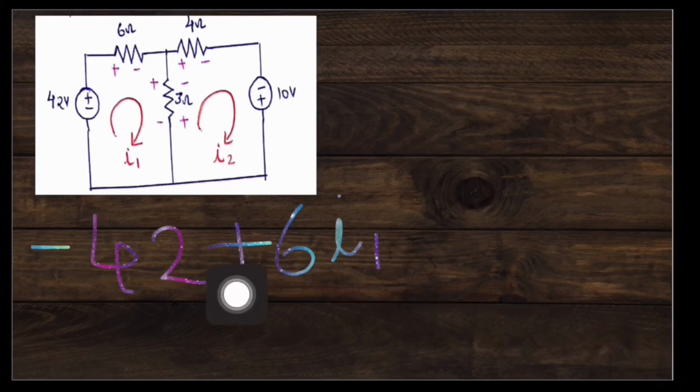Here we are writing KVL in first mesh and I1 and I2 are flowing in opposite direction. Correspondingly, the total current through this 3 ohm becomes I1 minus I2 and a voltage drop 3 into I1 minus I2.